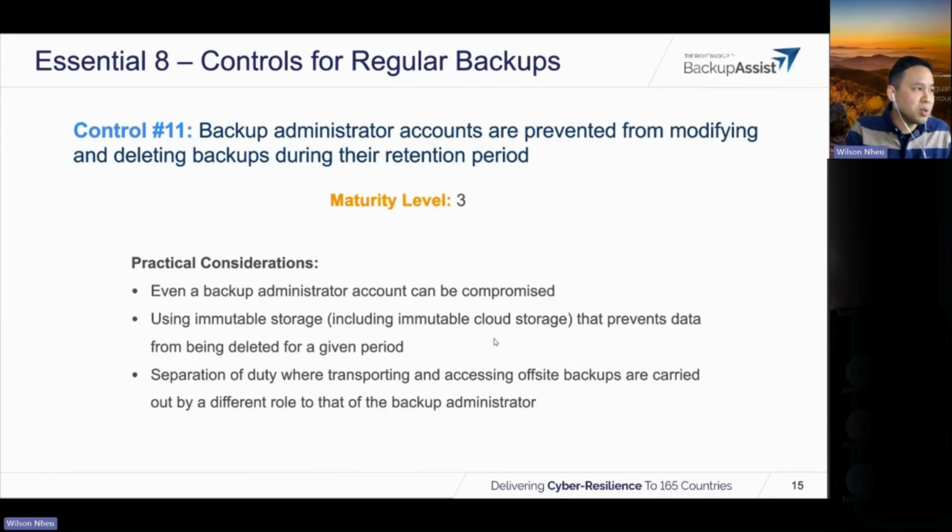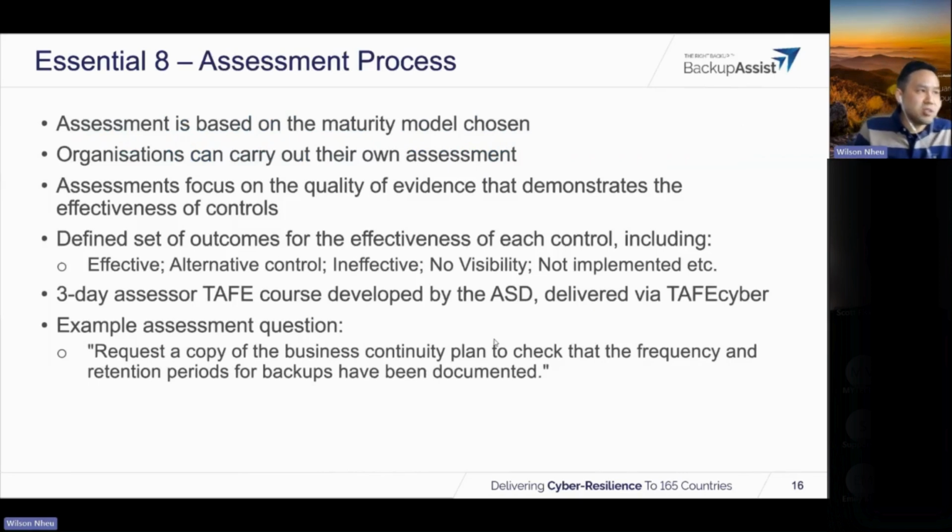Now, we're done with all the controls, but I do want to talk a bit more about the Essential 8. The Essential 8, as I mentioned before, does have an assessment process. And the assessment process is based on the maturity model you choose. So I mentioned before there were 11 controls for regular backups, 6 of them affecting all 3 maturity levels.